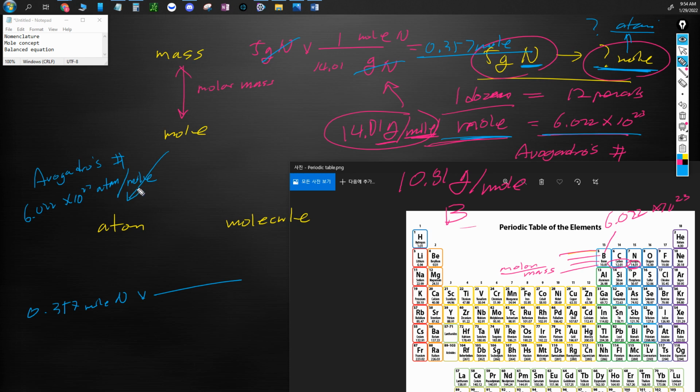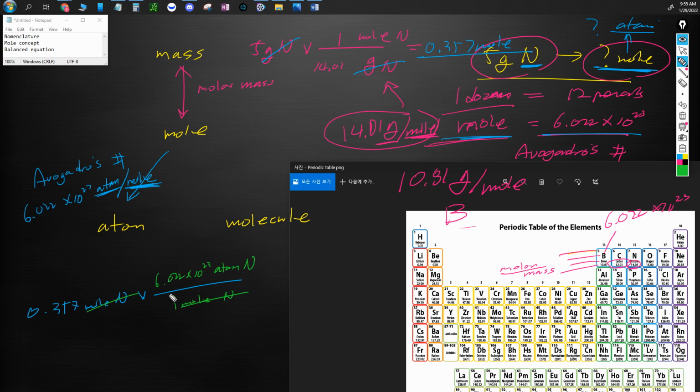We want to get rid of the mole and keep the atoms. So we put mole on the bottom. 1 mole of nitrogen is how many atoms? 6.022 times 10 to the 23rd atoms of nitrogen. Now you can cancel the units.